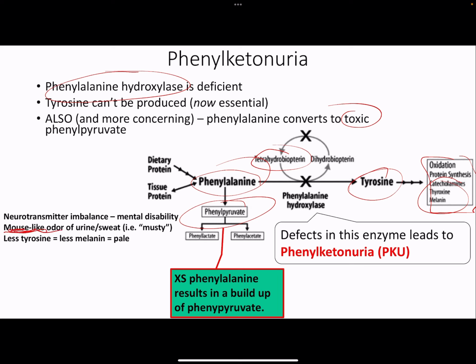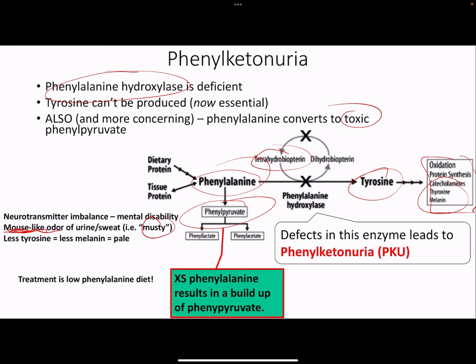It's weird. They say there's a mouse-like odor to the urine and the sweat. So it's musty. And tyrosine, we know, makes DOPA, which now we know for sure makes melanin, and melanin makes you dark. So if you don't have this, you might have blondish hair, bluish eyes, and pale skin.